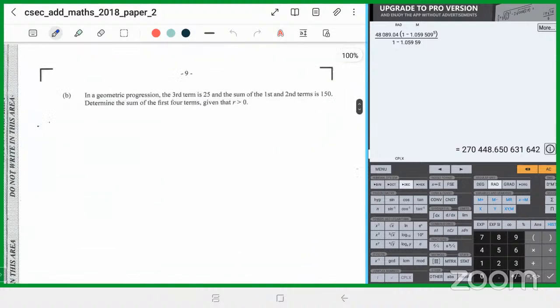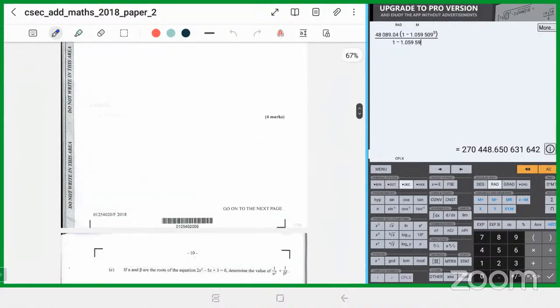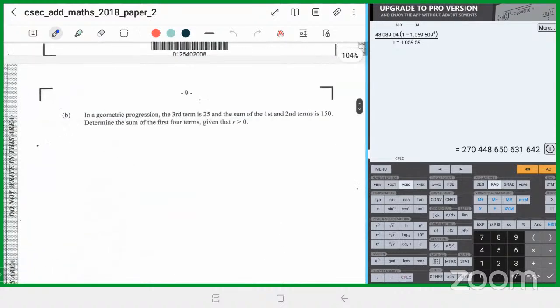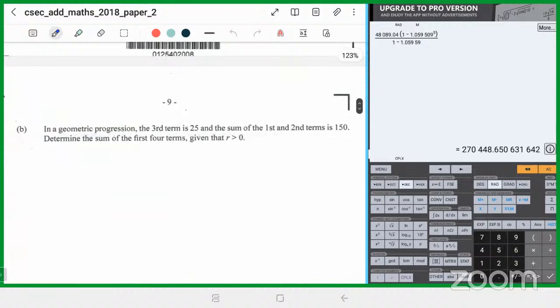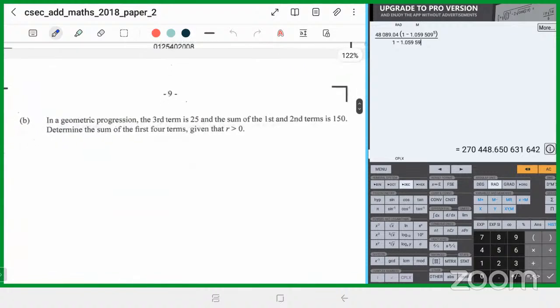All right, this one is easy. Do this one. See there? That's it. Yes, sir.